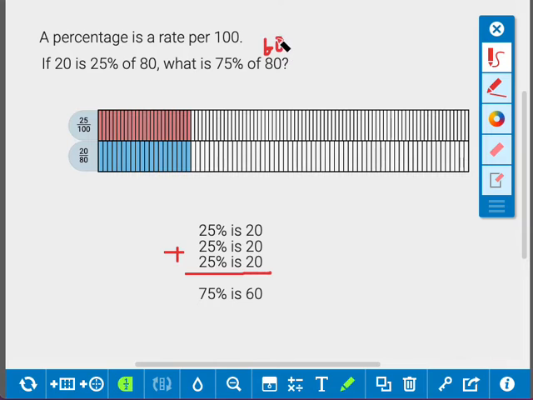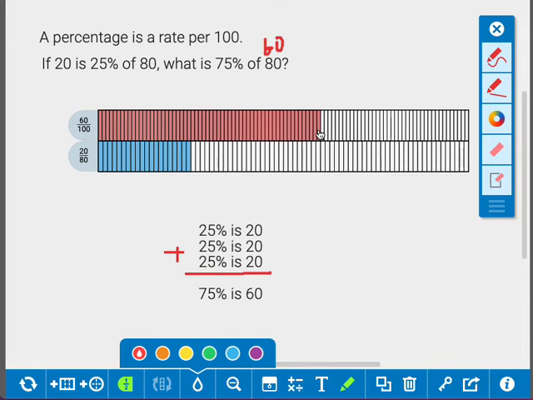And I could show that with these fraction bars. If I wanted to, I could continue to shade these fraction bars until I get to 75%, and therefore I would need to continue shading this fraction bar until I get to 60 out of 80. And you'll notice they take up exactly the same amount of area.